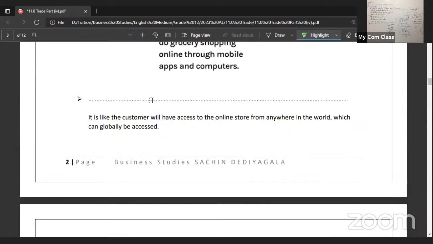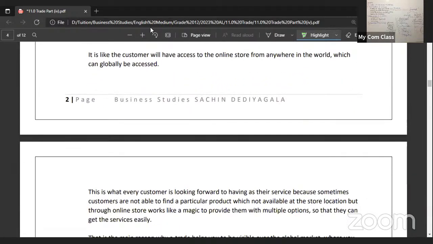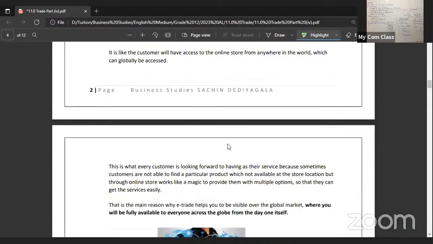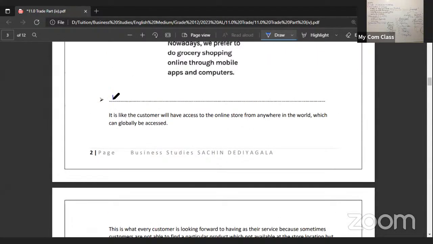Yes, the wider market anywhere from the world. Please write. Right, wider market.